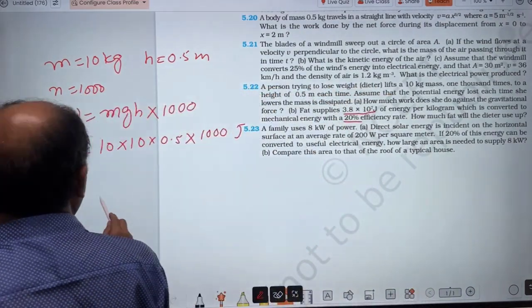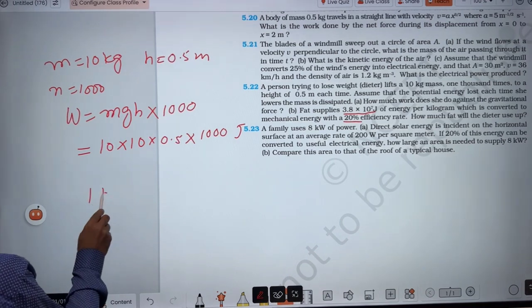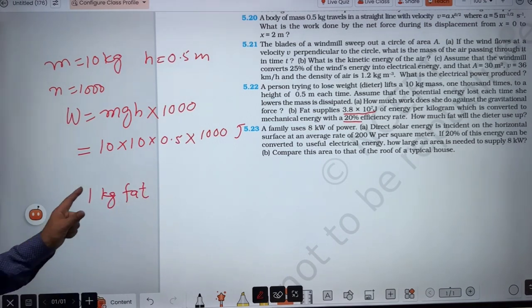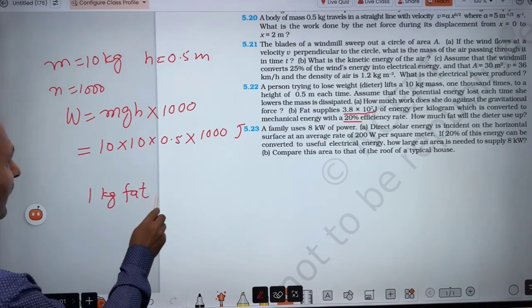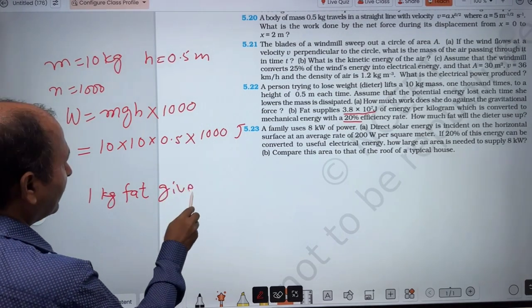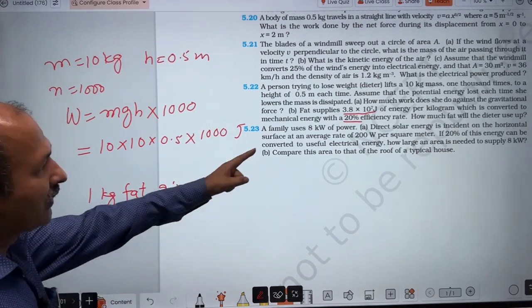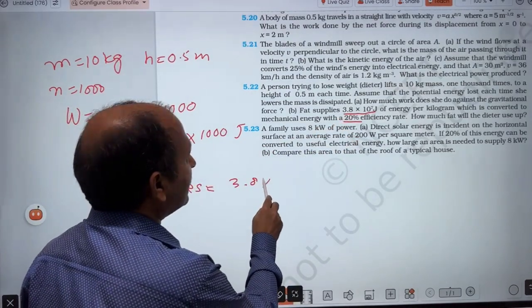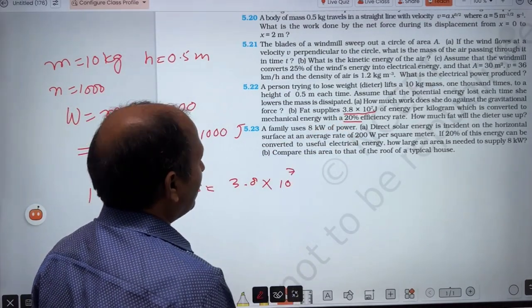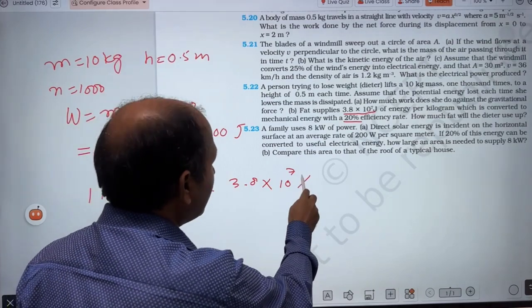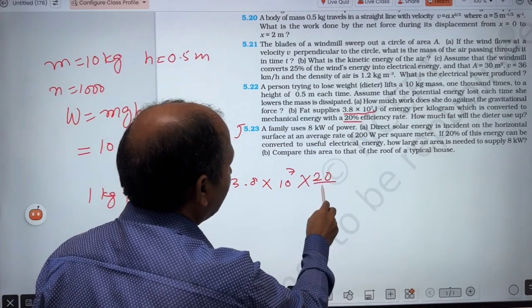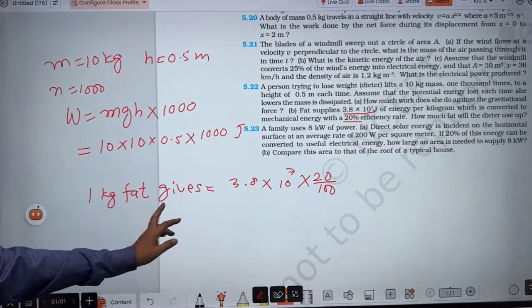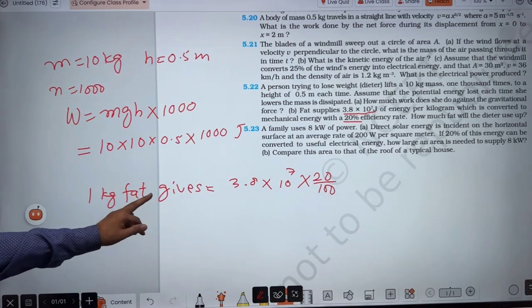So you can say 1 kg fat gives 3.8 into 10 to the power 7 joule energy, but only 20% efficiency is there. So this is 1 kg fat.